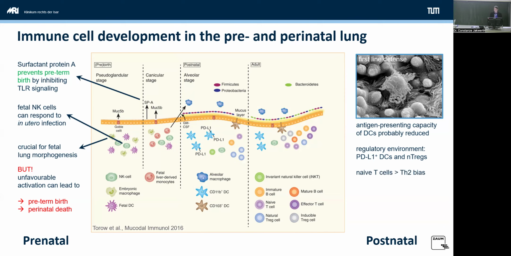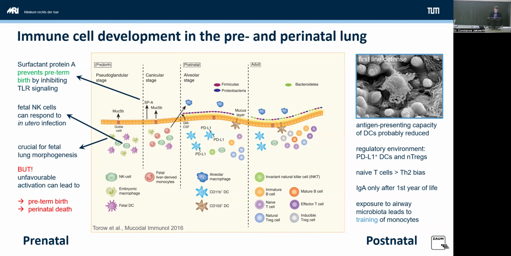The naive T cells that appear in newborns have a Th2 bias, meaning if they are activated, they rather tend to differentiate towards Th2 and tend to express Th2 cytokines. IgA, on the other hand, an antibody that we would need, that can cross the epithelial barrier and can defend already initially, is only there after the first year of life.